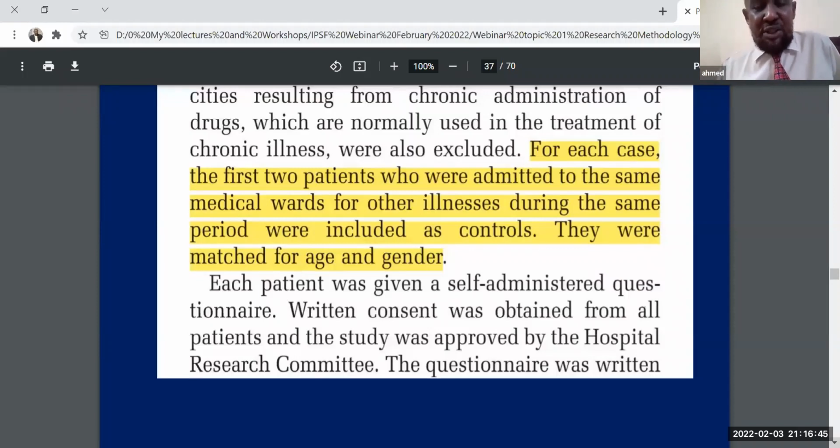But if the two groups are related, that means either because of matching or because they are the same subjects, have been evaluated or assessed twice, before and after, like before and after intervention.